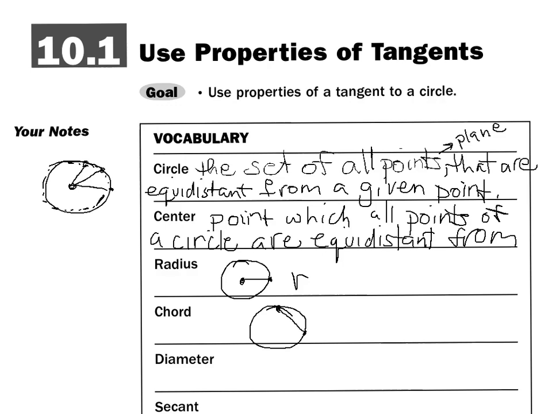So this is a chord, and this is a chord. Technically, a diameter is also a chord, but we would be better off calling that a diameter, just like a square is actually a parallelogram, but we call it a square because that's a better term for that.